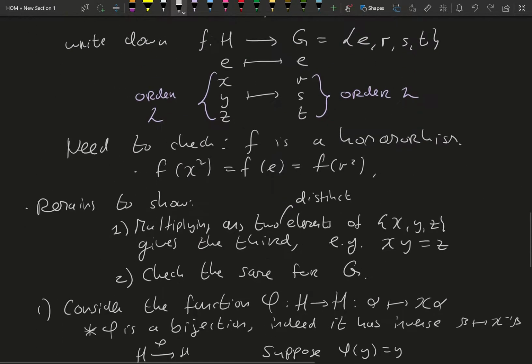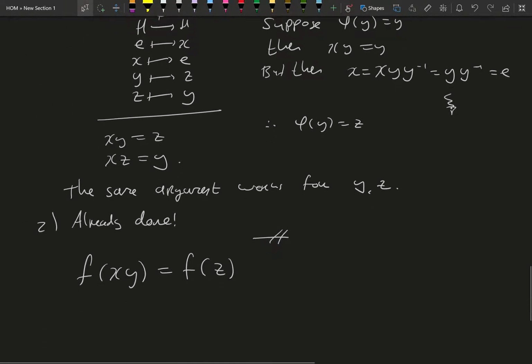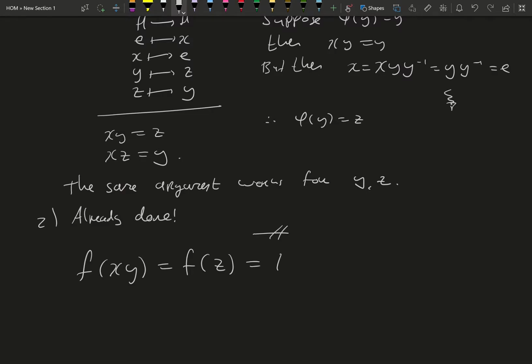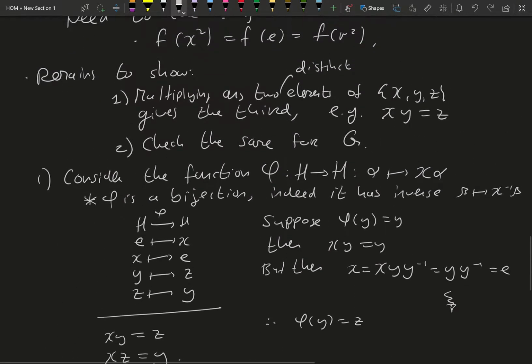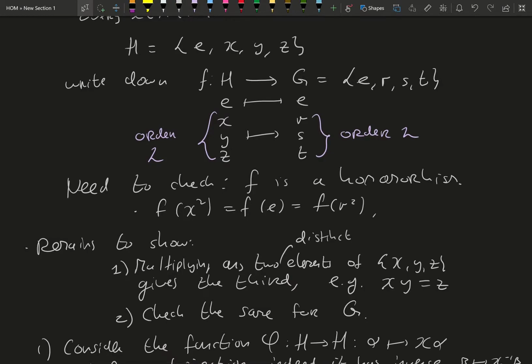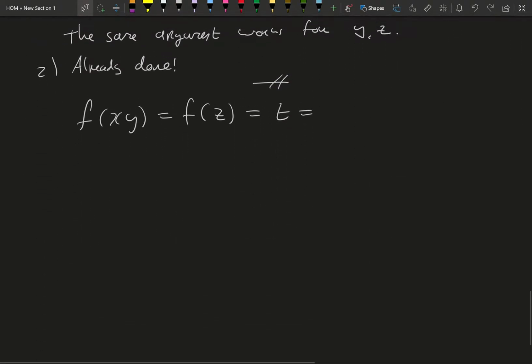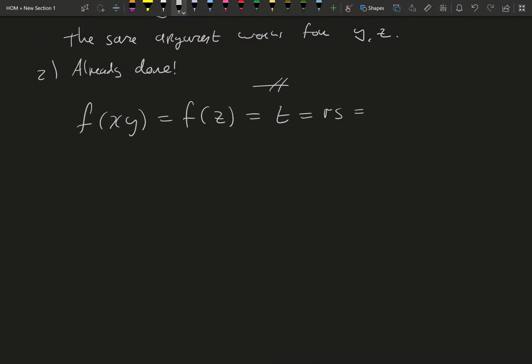And F of Z is F of T, S T, and S T is R S, and R S is F of X, F of Y. So, and same for other elements. So F is a homomorphism.